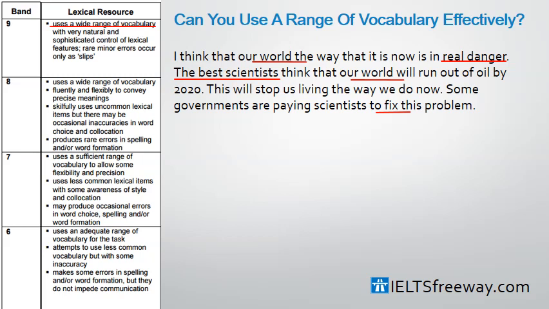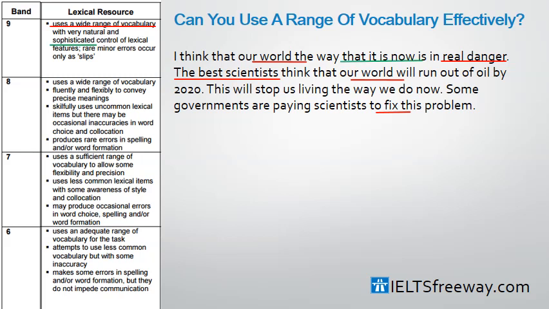Next, in green, for the band 9 descriptor, it says sophisticated. This sort of means, is it written in a higher level, more educated way of writing? So, we've got phrases underlined there like the world the way that it is now.